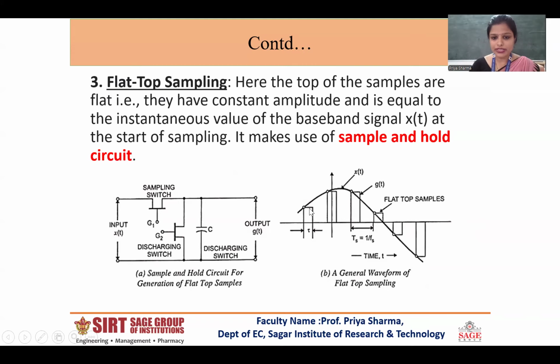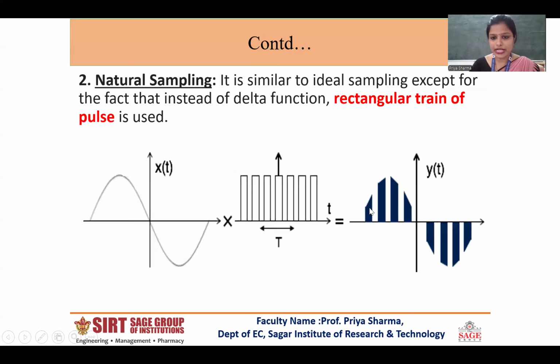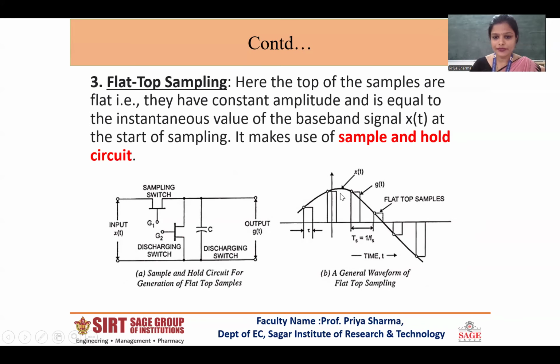You can see from here that it has flat tops. Earlier, we did not have flat tops; we had tops which follow the waveform of the message signal. But here the tops are flat. It takes the instantaneous point of the message signal, holds that signal, and then it leaves until it discharges.